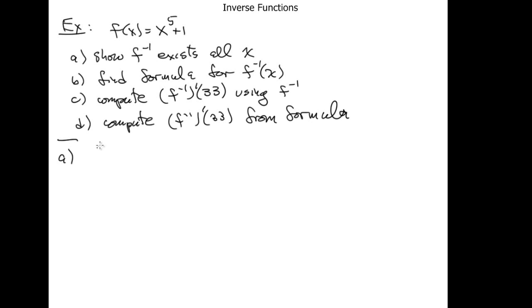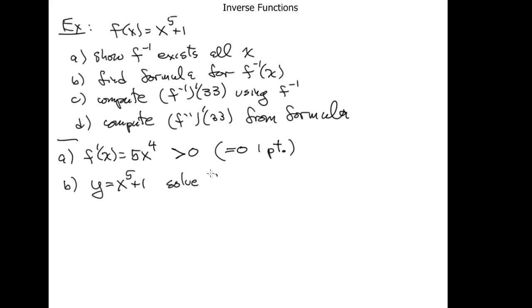How do you know that f inverse exists? Well, take the derivative. 5x to the 4th plus 0, that's greater than or equal to 0. And it's greater than 0 except at one point, which is 0. So just as in the previous example, that's fine. So you apply that test and it has an inverse.